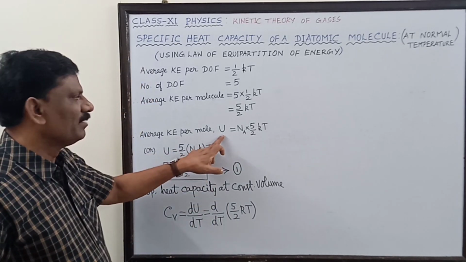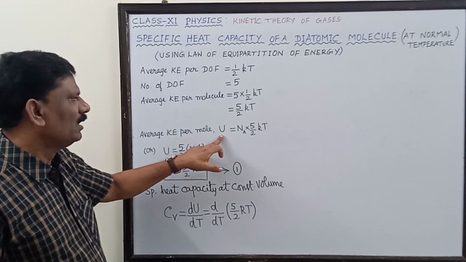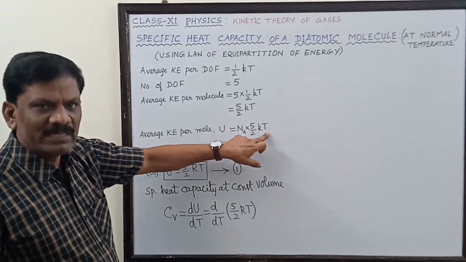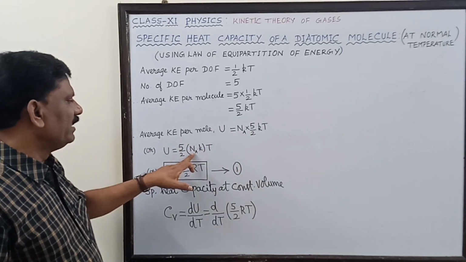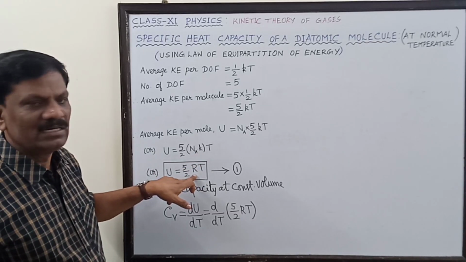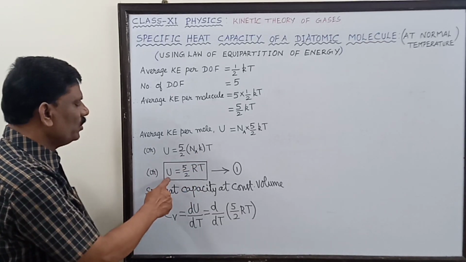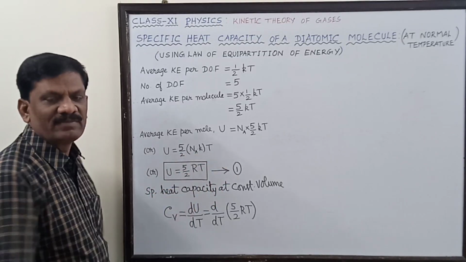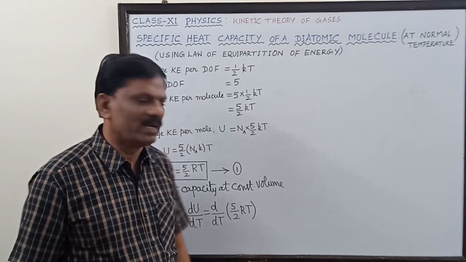That is denoted by U, equal to Avogadro number Na into 5 by 2 kT. But the product of Na into k is also equal to the gas constant R. Therefore, we get U equal to 5 by 2 into R into T. This is our equation 1 as usual.